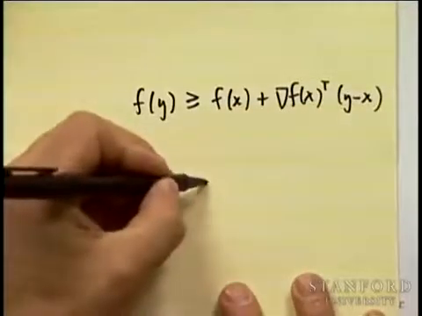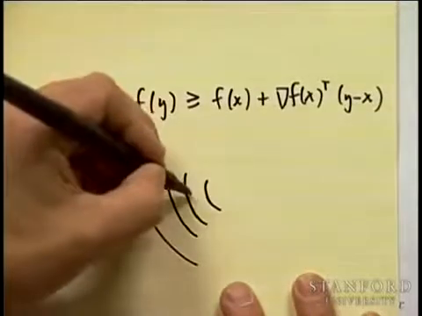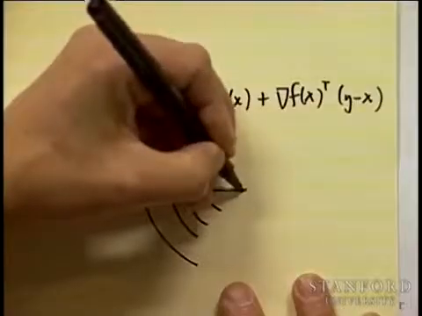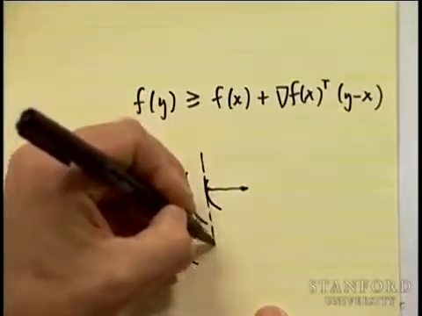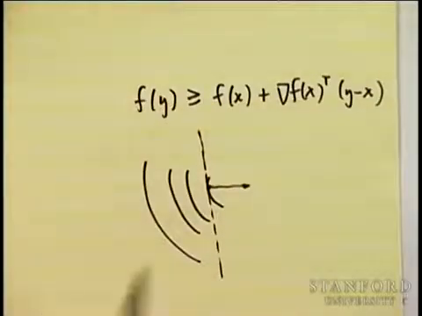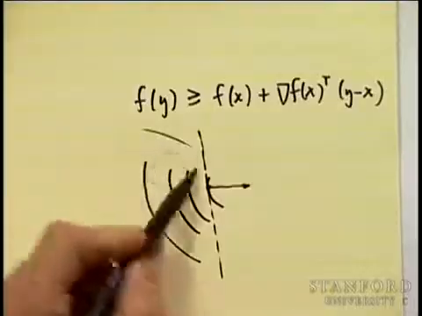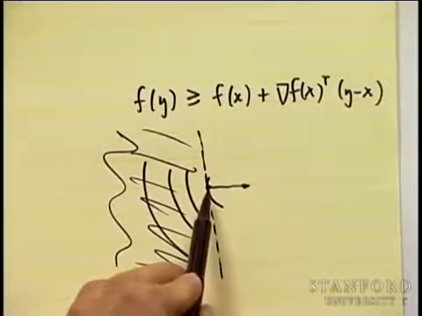So if these are the level curves of your function, and I evaluate it, say, here, and the negative gradient points in that direction, and I draw this hyperplane like this, this inequality tells me something. It says that every point in this entire half space here has a function value higher than the function value there. That's what it says.